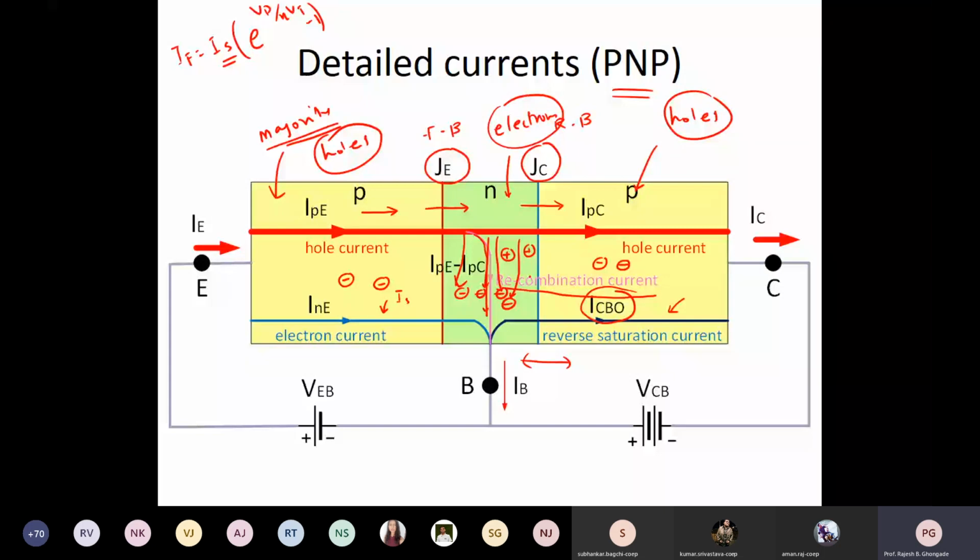Why do I call it IPE? Students, please respond. Be responsive. Why do we call this IPE? Why do I call this IPC?